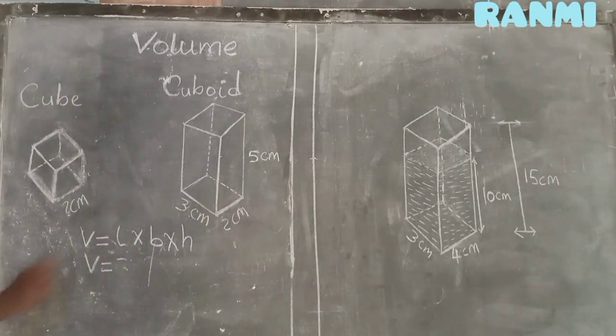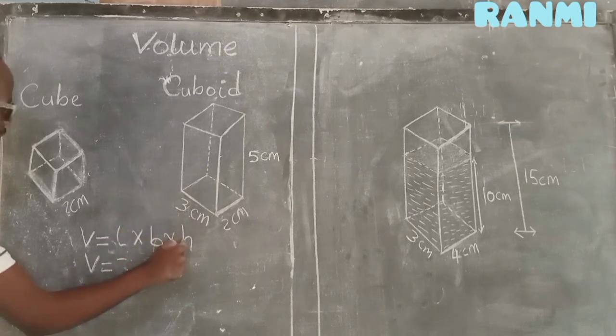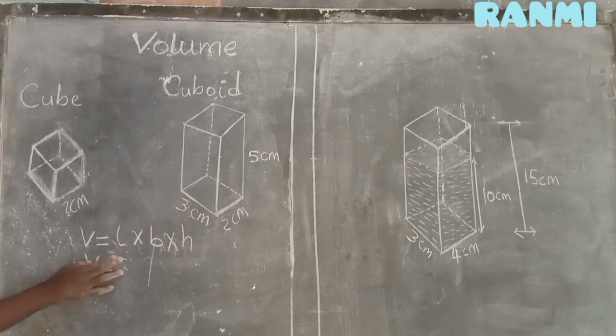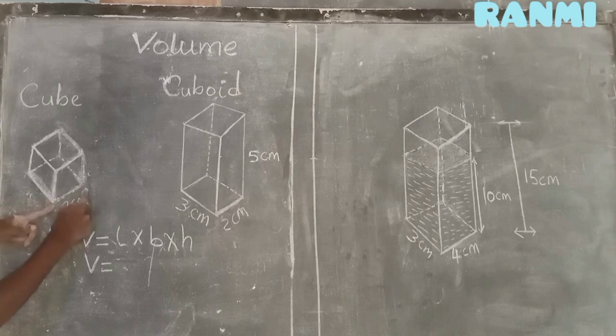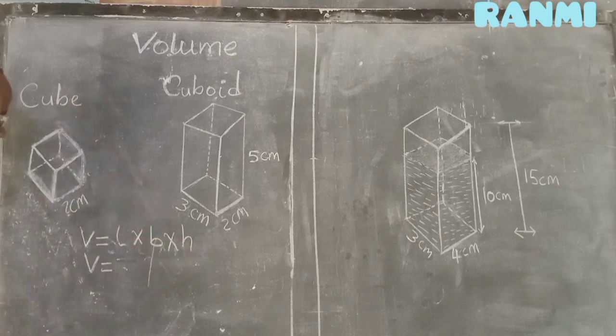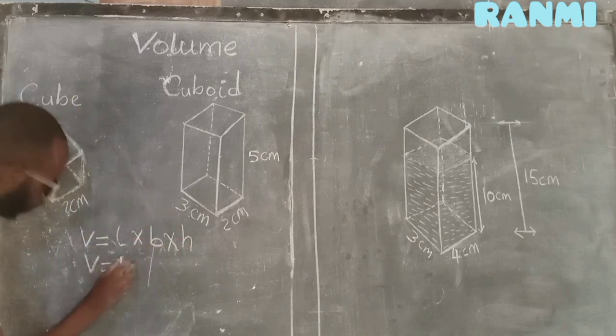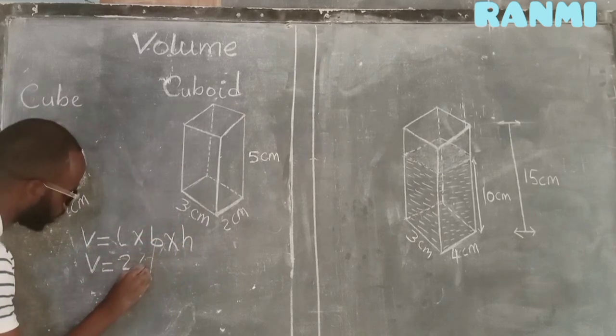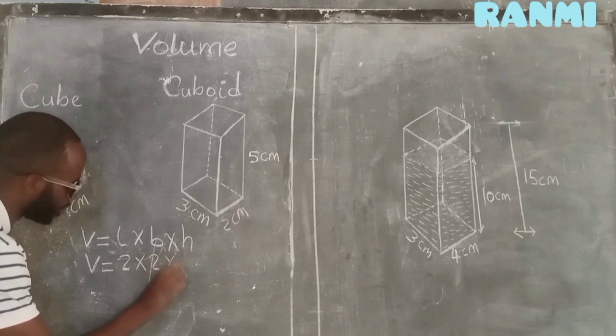For a cube, the length is just the same as its breadth, which is just the same as its height. So we only have 2 centimeters. So the breadth will also be 2 centimeters, and the height will also be 2 centimeters. So we're just using one number. 2 times 2 times 2.